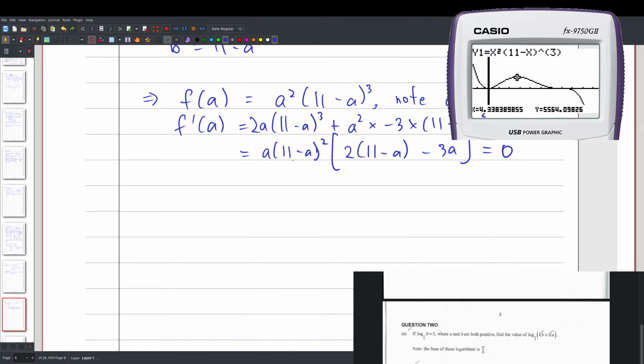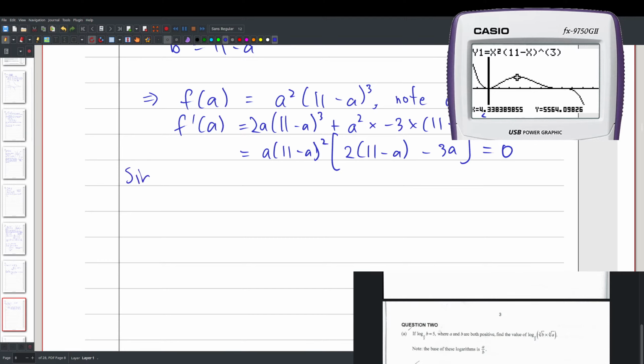And then this is actually equal to, well, clearly a is not equal to 0, right? And clearly a is not equal to 11.